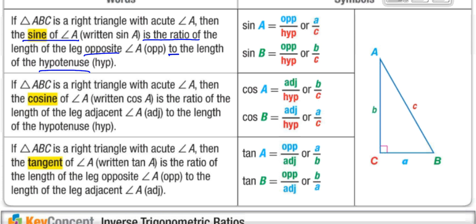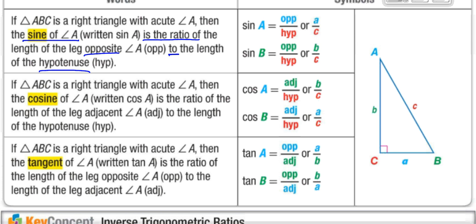So the sine of angle A is the ratio of opposite to hypotenuse, and that might change based on our picture as we go. Then the next ratio is cosine. Of course it is super important that triangle ABC is a right triangle, but that's going to be our expectation, so we're not highlighting that part as we go through this.